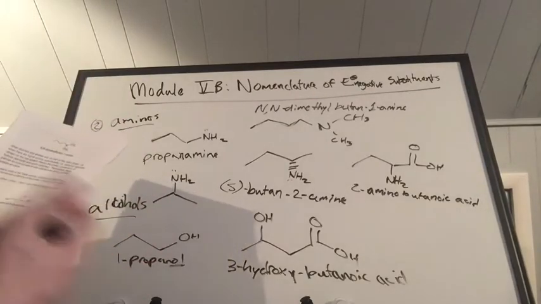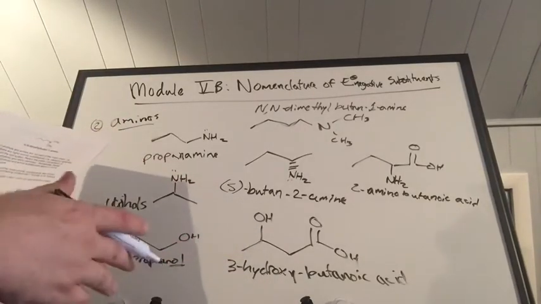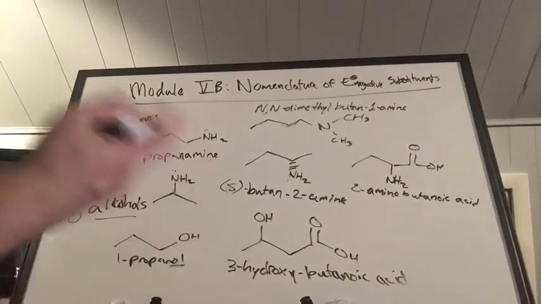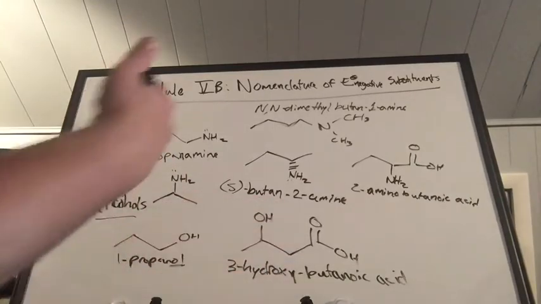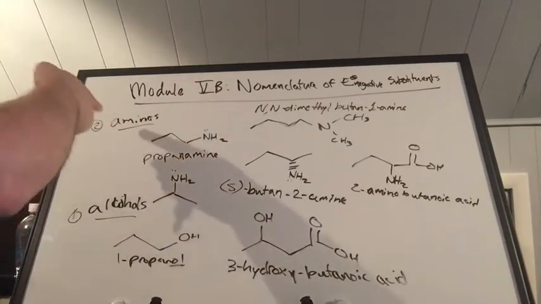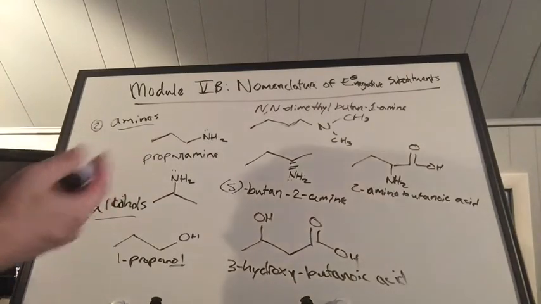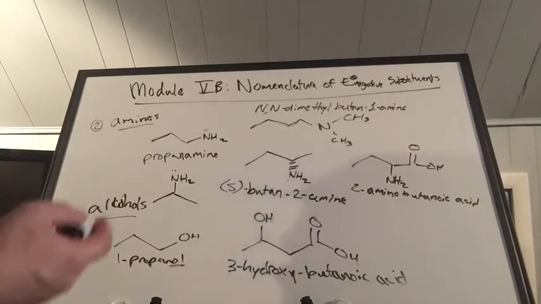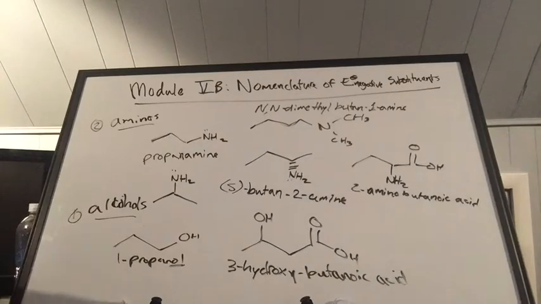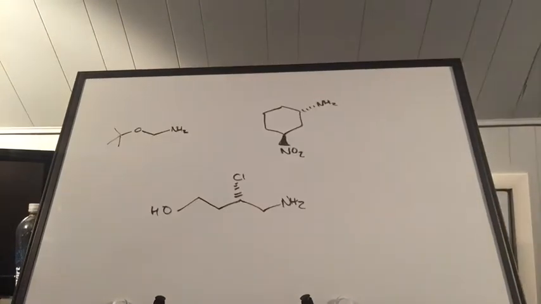So ethers, halo, and nitro group, you would essentially just put those in alphabetical order, but those are going to be third to these 2. And then we'll get into some carbonyl-containing species and nitriles as well when we get further on into the submodule here. Okay, so here's some multifunctional mixed examples, if you will.